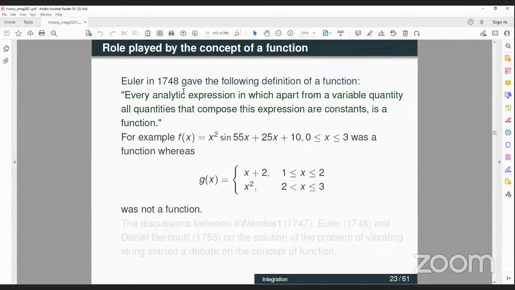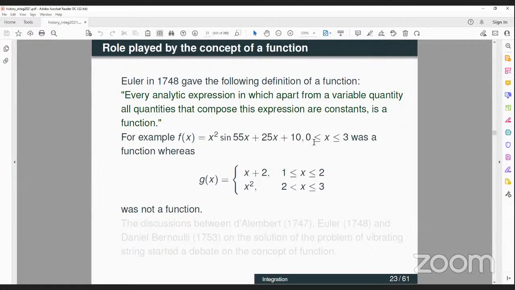For example, for Euler, if I say that g(x) takes the value x plus 2 between 1 and 2 and x square between 2 and 3, Euler did not accept that this is a function. He said the expression should be composed of constants, a single analytic expression, not something broken like this.